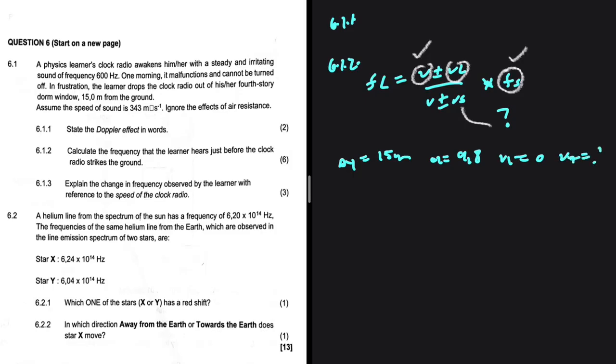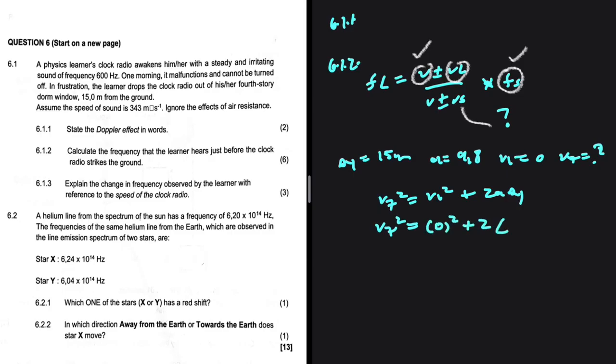So the simplest formula here to use should be VF squared equals VI squared plus 2A delta Y. So VF squared will be equal to VI, that is 0, so we have 0 squared plus 2 multiplied by the acceleration.